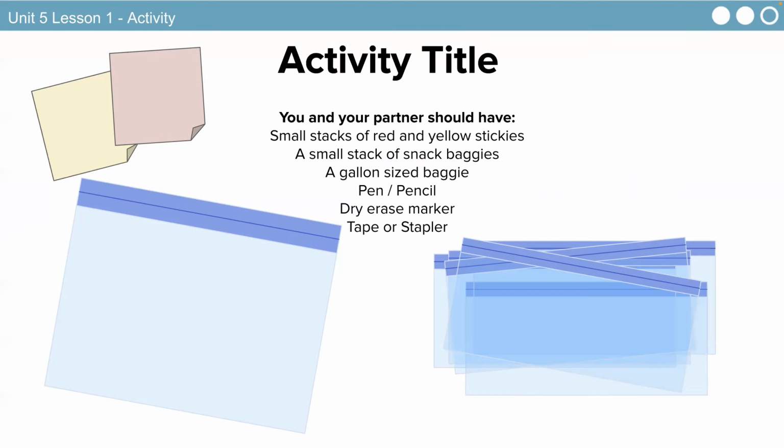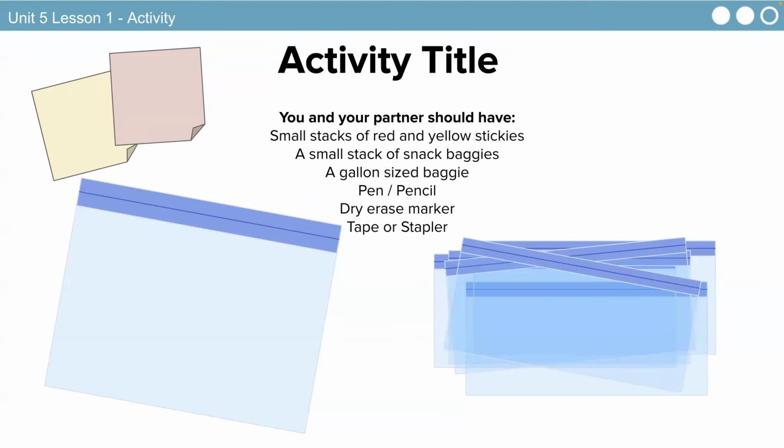We're not going to use baggies because I'm tired of killing plastic trees. You're just gonna draw on your paper, or take notes on your paper. So I'm gonna use a big square to represent a large baggie, and this will be the list.